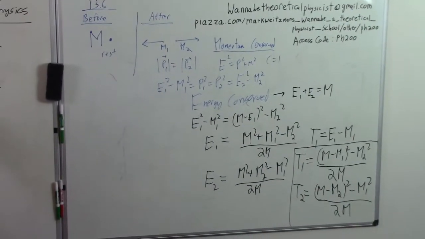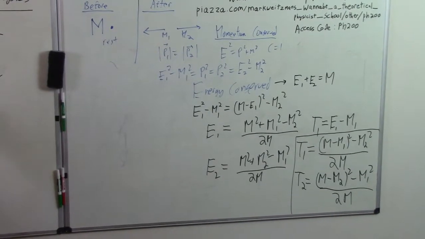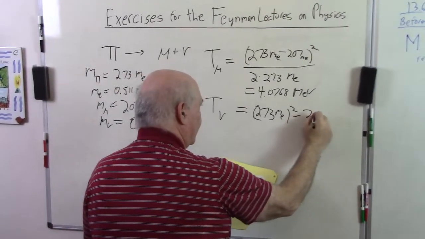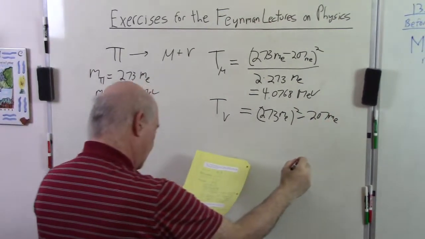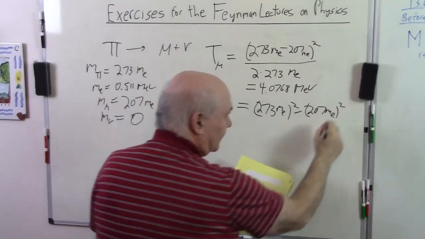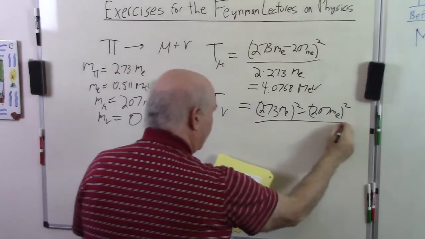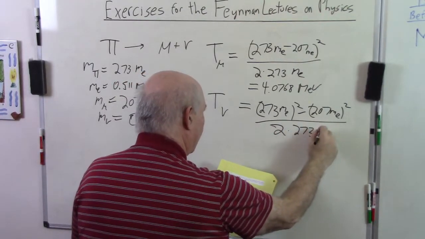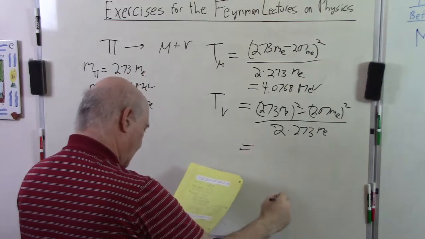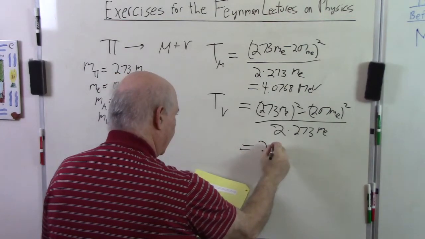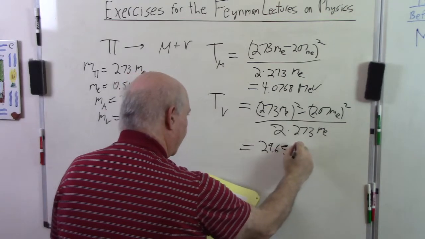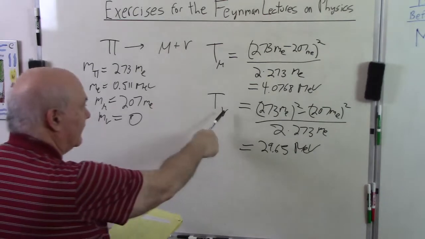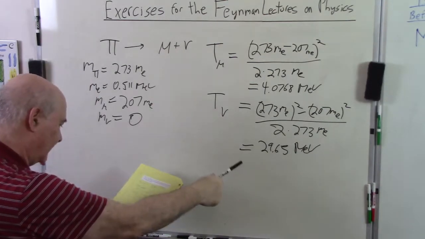And here we're going to have (273 Me squared minus 207 Me squared) divided by 2 times 273 Me, and this is equal to 29.65 MeV.